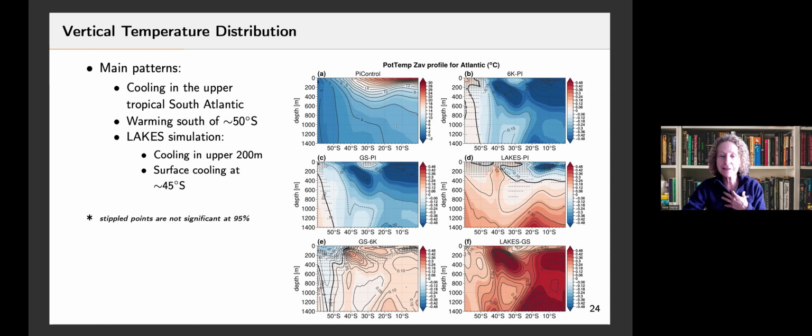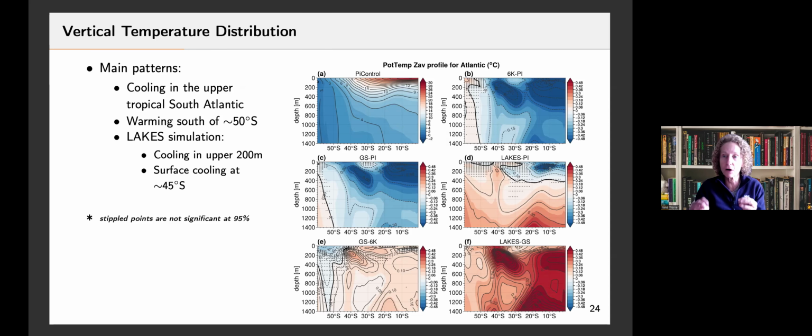And when we look at the difference between the orbital case and the prescribed vegetation case, they're very similar. You still see a general cooling, but then you start seeing warming south of 50 south, and in the lake simulation, we see a general warming in depth, and the cooling in the upper 200 meters in the tropical regions is still there.